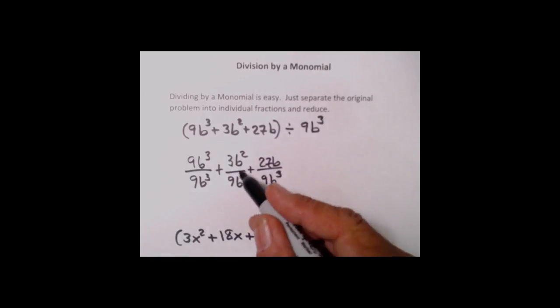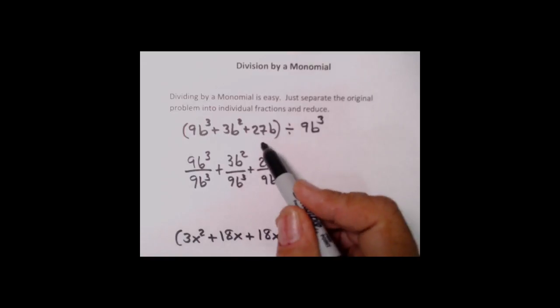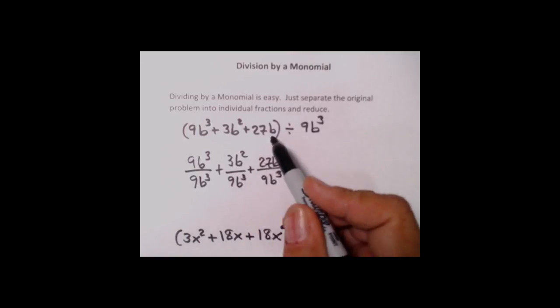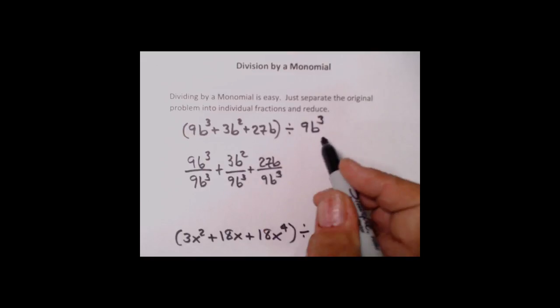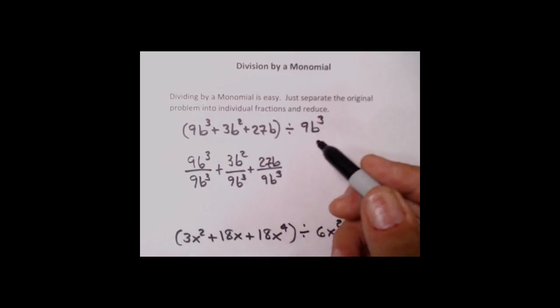Okay, so what we've done is taken this original problem and broken it up into three additional fractions, one for each of the terms, with this as the denominator of each one of them.